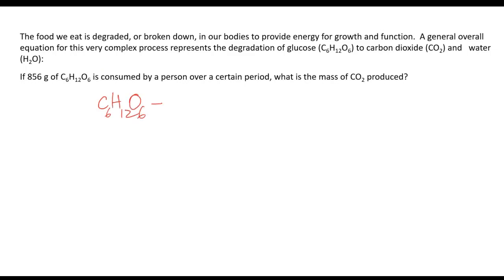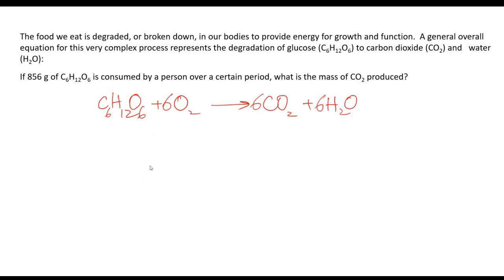C6H12O6 plus O2 gives us CO2 plus H2O. Now balance this equation: 6 carbon dioxide, 6 water molecules, and 6 oxygen. So it is a balanced chemical equation. Your first 2 steps are finished.